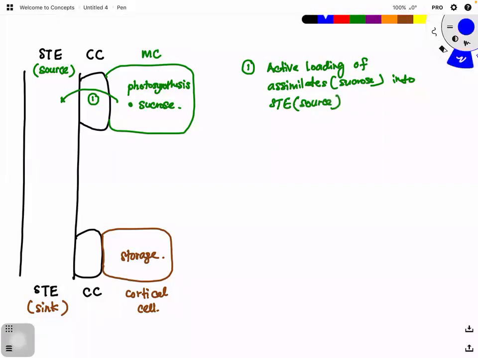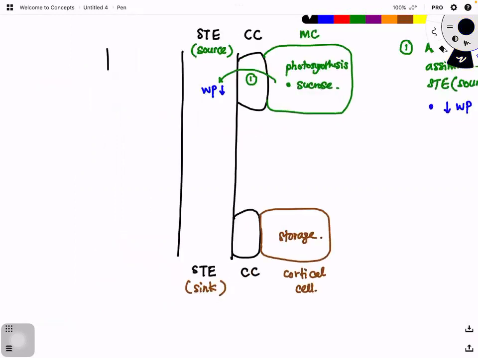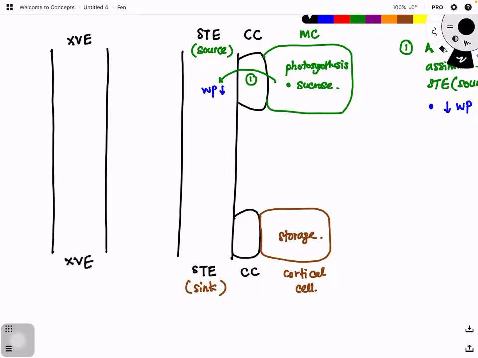What is the consequence here? Because sucrose is water soluble, it reduces the water potential in the sieve tube elements near the source. So first, water potential becomes lower. We know that in the vascular bundle, beside the phloem you have the xylem vessel element. Because the water potential inside the sieve tube element is low, water molecules now move in by osmosis.